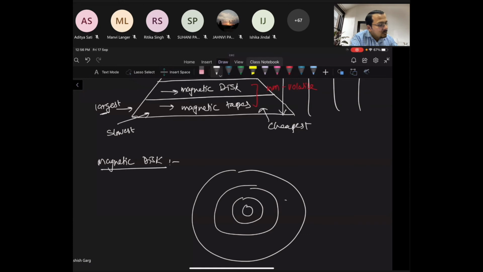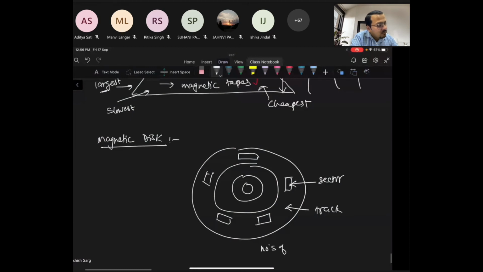We have tracks and sectors in the magnetic disc. This is a sector. This whole circle is a track, and the number of sectors is the same in each track.